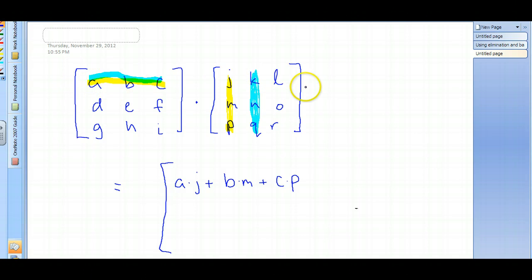So that would be A times K plus B times N plus C times Q. Then for the last thing on the top row, it'd be A, B, C multiplied by L, O, R. Now when I move down, to get the numbers on the next row, it would be D, E, F times these 3 columns to get those 3 elements, and then G, H, I times these 3 columns to get the bottom row.